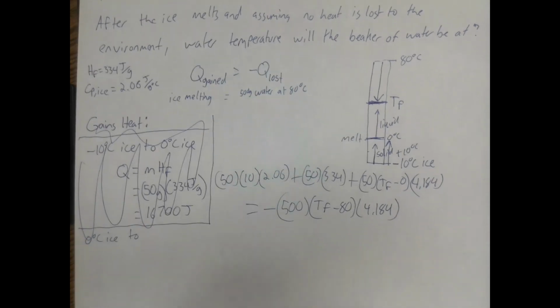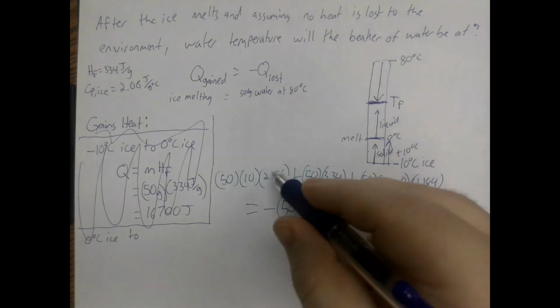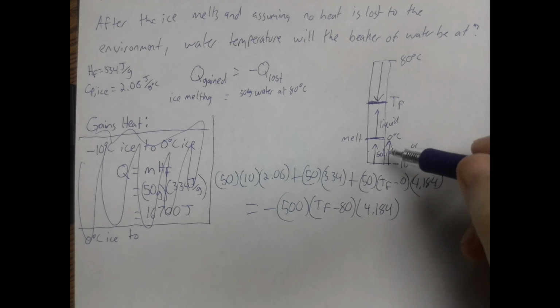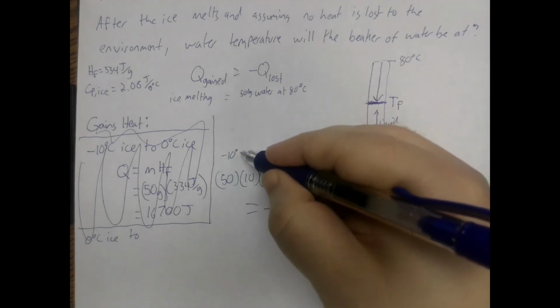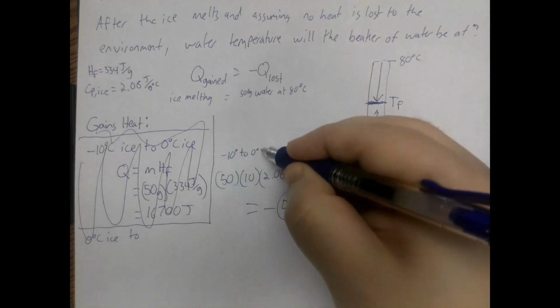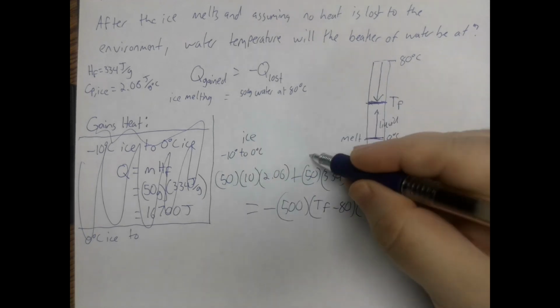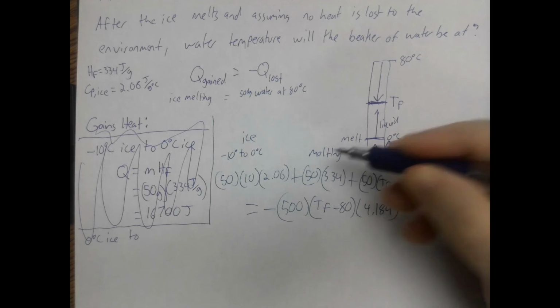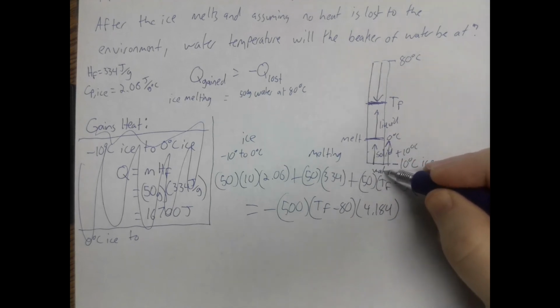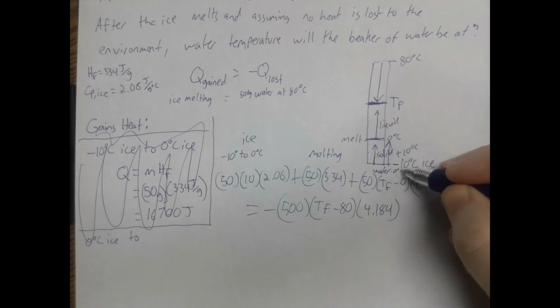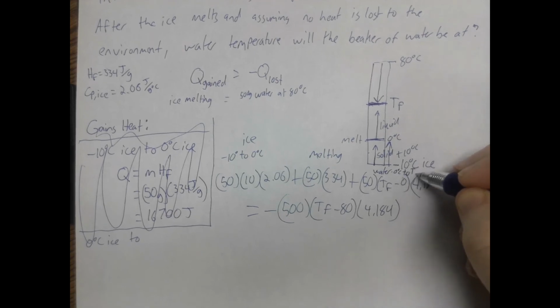Whenever I personally solve these, I just write one equation to start off with, knowing that on the left side I'm dealing with the 50 grams of ice. This would be it going from negative 10 degrees to 0 degrees Celsius ice. This would be it melting. This would be it water from 0 degrees Celsius to TF.